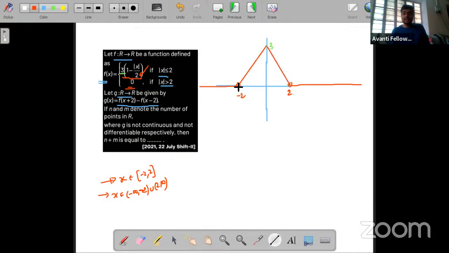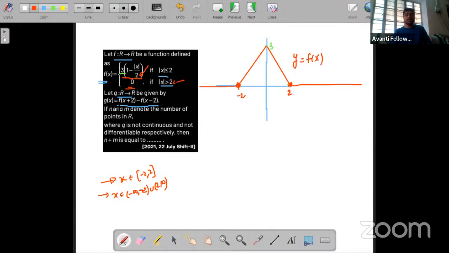That means now we can fill these hollow circles, right? Because for this function we were also getting 0 at x equals minus 2, and for this function we were also getting 0, right? So we can fill. So this is the complete graph of f(x), right? This is the graph of y equals f(x).